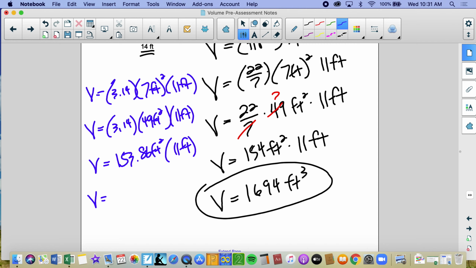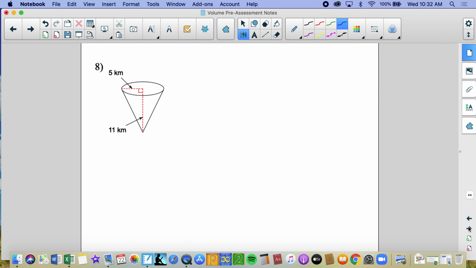Let's just use a calculator. 153.86 times 11. That's a lot of numbers. Oh, it was 1692.46 feet cubed. So pretty close. Actually, not really close. I mean, it's less than 2. It's about 2 away, so that's interesting.